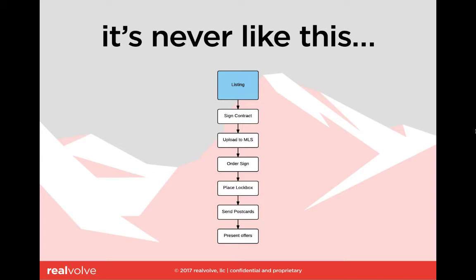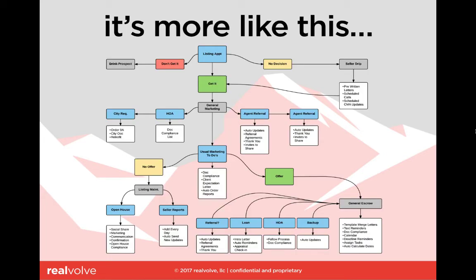And while this is good, it's really never like this. In fact, it's really more like this. And we've seen this design multiple times. We try to use it because it's such a good example. You get a listing appointment, and at the end of that listing appointment, there's really kind of three things that can happen.